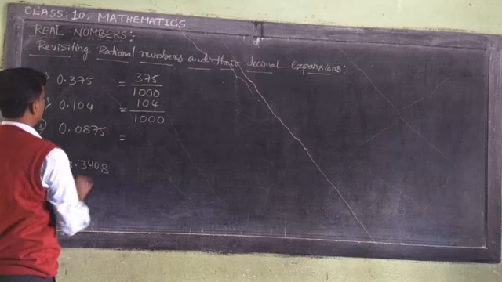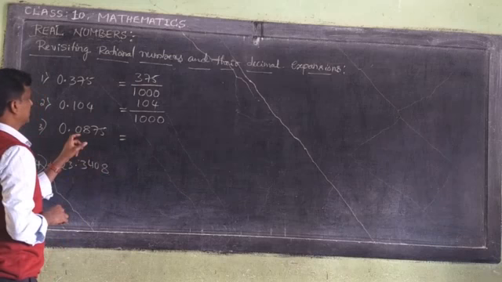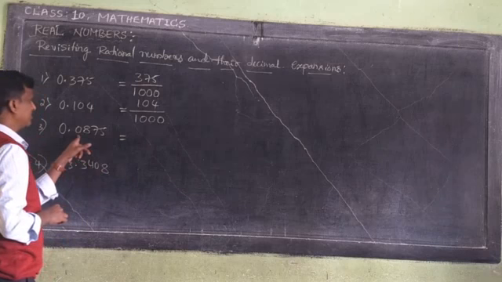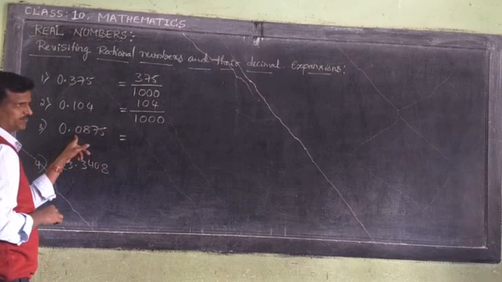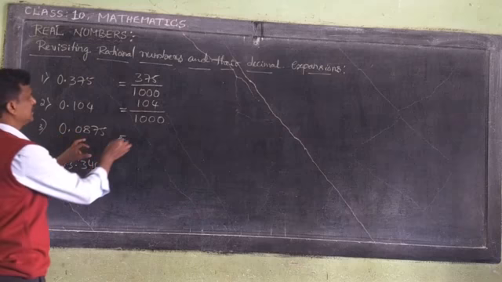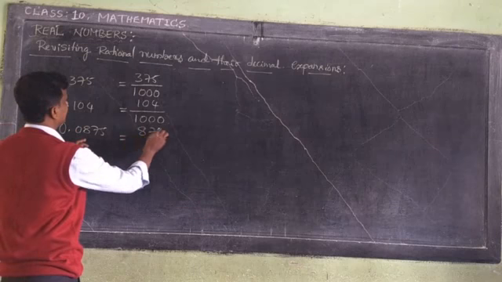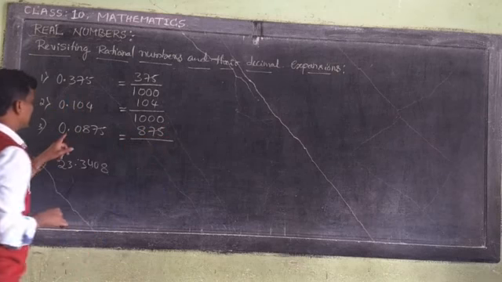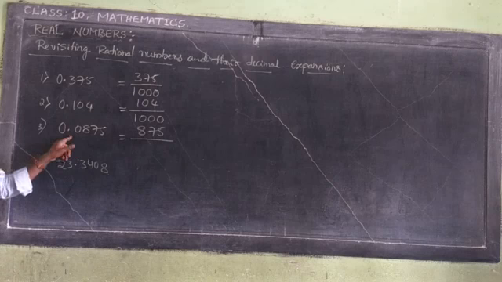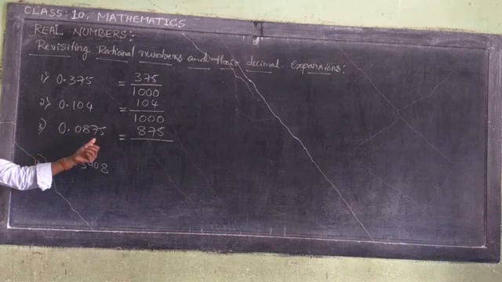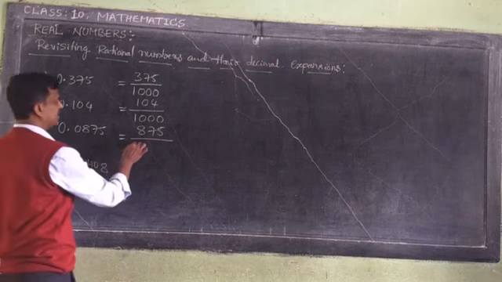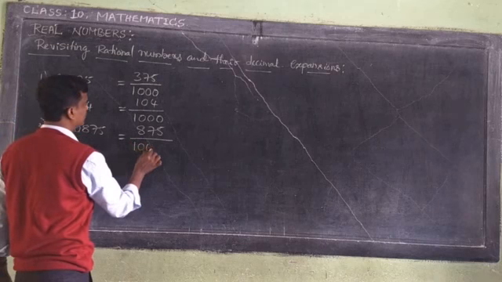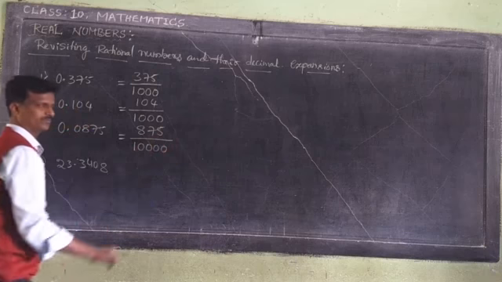Here 875, the 0 in the first place cannot be considered. We write 875 in the numerator, and in the denominator, after the decimal point we have how many digits? 4 digits. Therefore the denominator contains 1 followed by 4 zeros.